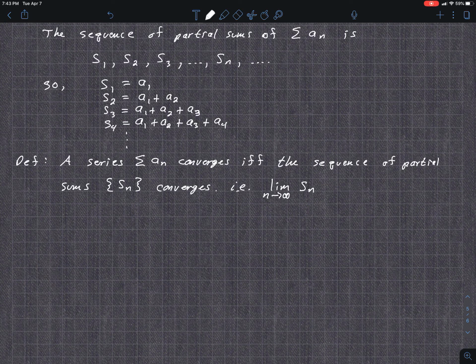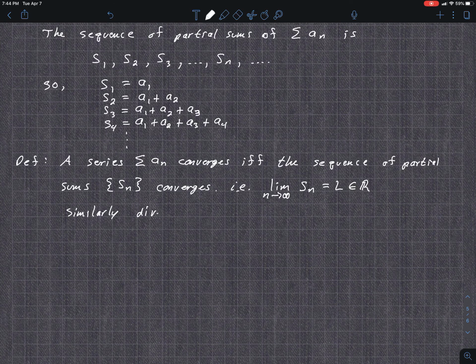Okay, so that is, i.e., the limit of S sub n as n approaches infinity equals L, which is in the reals.